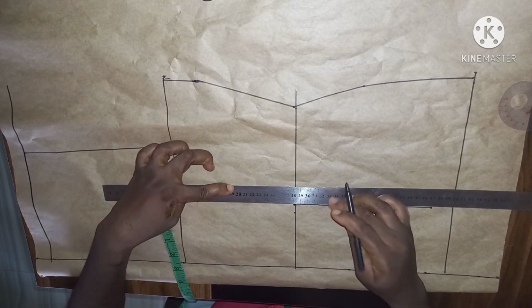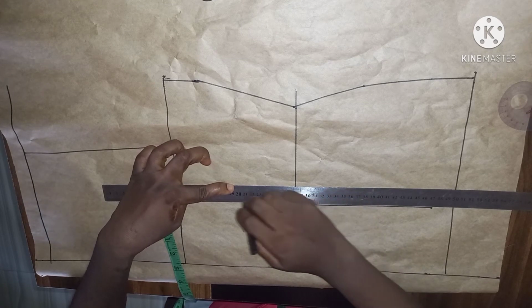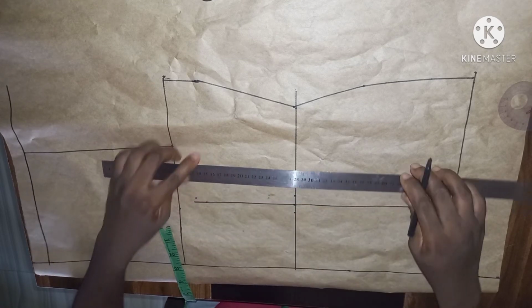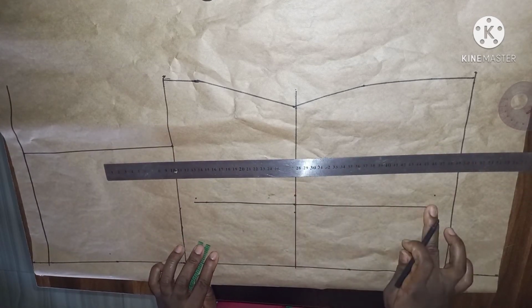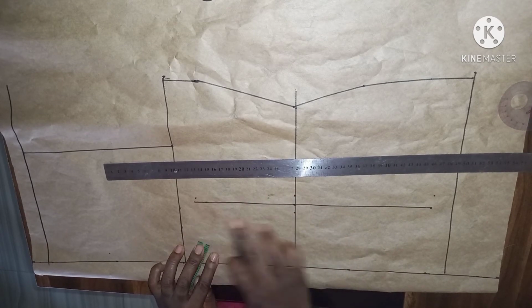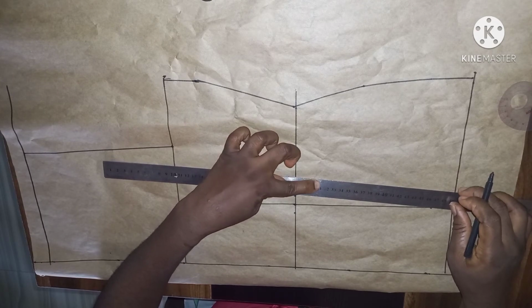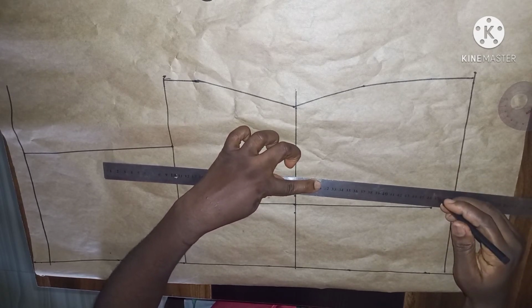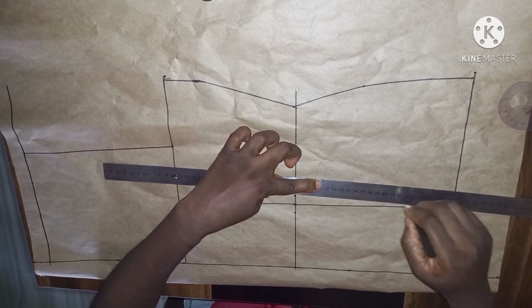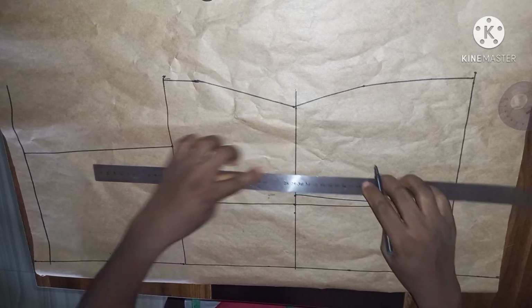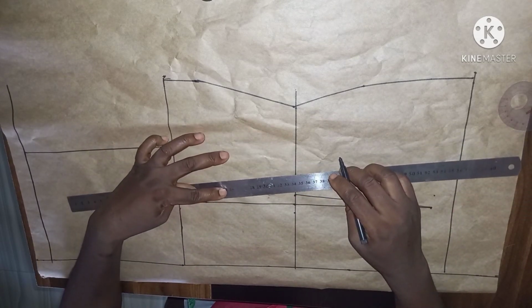Okay, good. So I'll now connect that half inch at both sides to the other end. See how easy it is? Very, very easy. Good. So I'll still connect it.